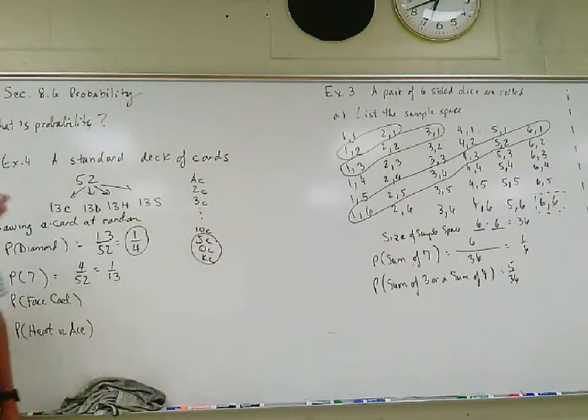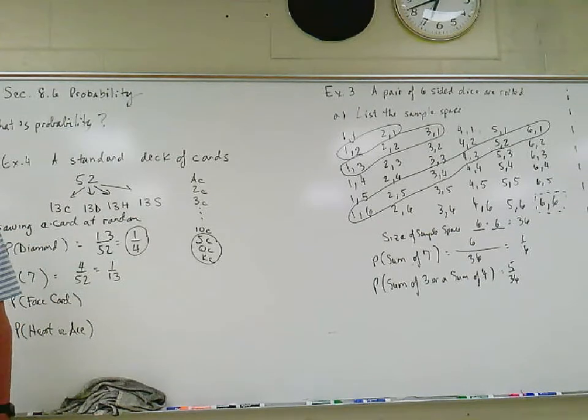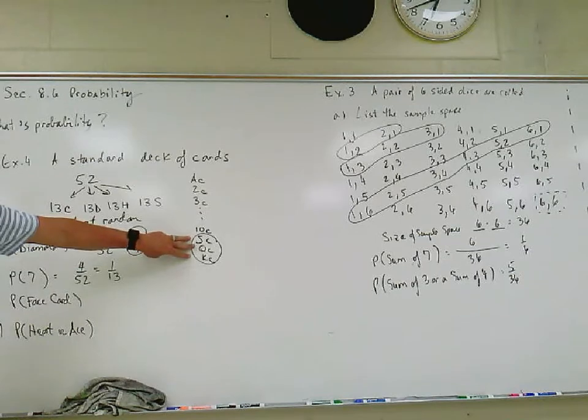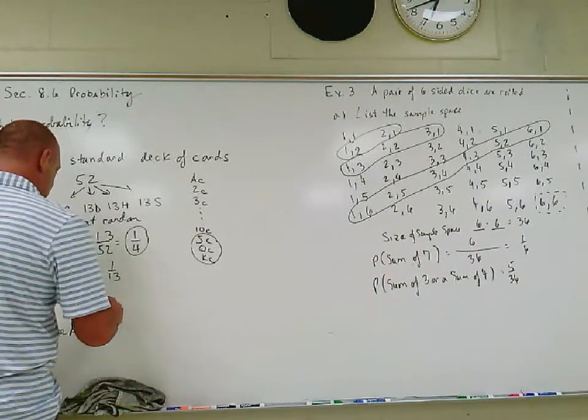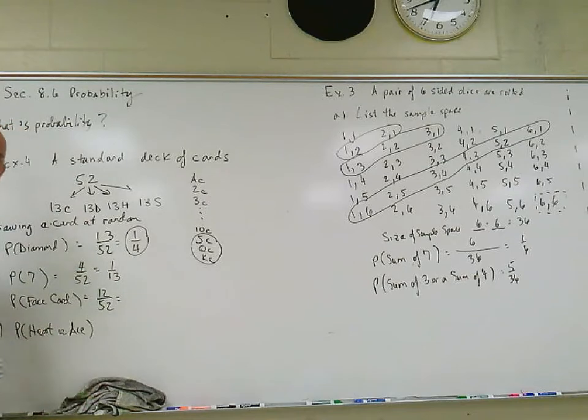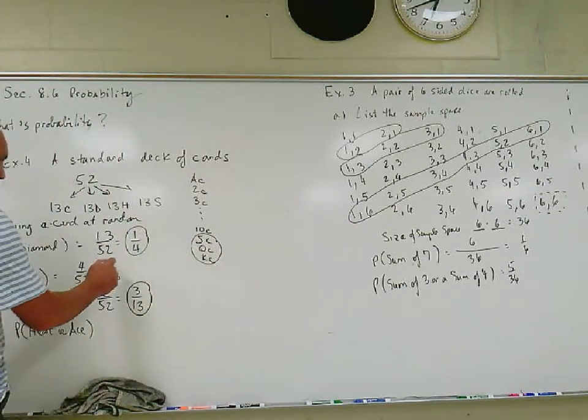So there's 3 face cards per suit, because there's a jack, a queen, and a king. So each suit has 3 face cards. Jack, queen, king, jack, queen, king, jack, queen, king, jack, queen, king. Say it 3 times fast, right? So if there's 3 per suit, there's 12. That's exactly right. 12 out of 52, which is how much? Does that reduce at all? 3 out of 13. 3 out of 13. Okay, very good.